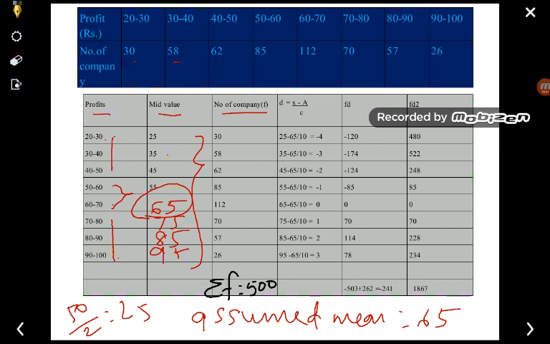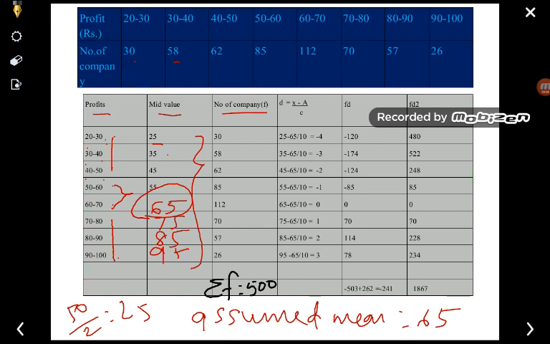So now how to find out the deviation? We know that in order to find out the deviation, we have to take the variable, that is 25 minus the assumed mean, that is 65, divided by the class width. Sorry, not the number of observations, but the class interval. The class intervals are 20 to 30, 30 to 40, 40 to 50, so the width of the class is 10.